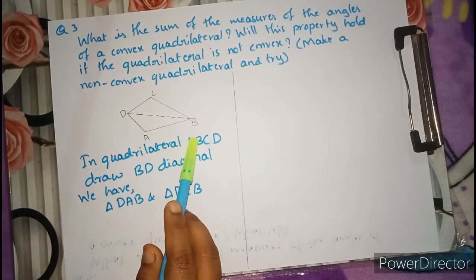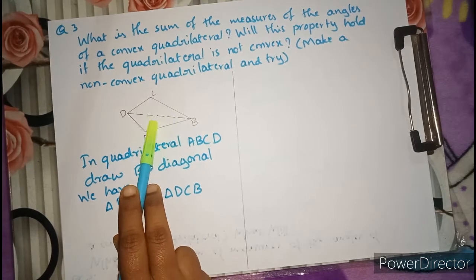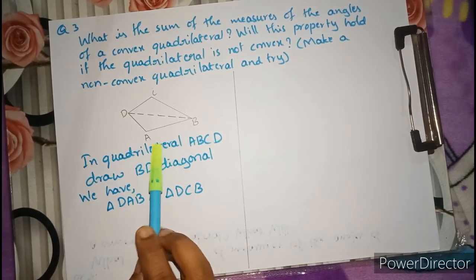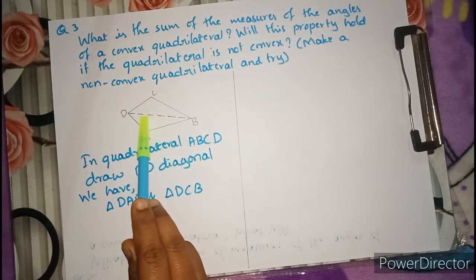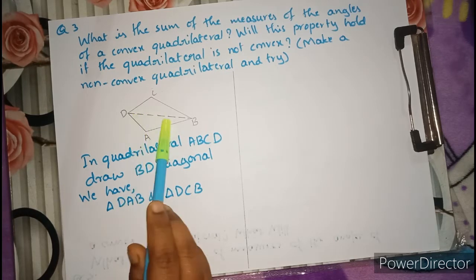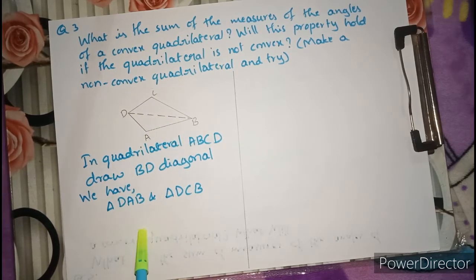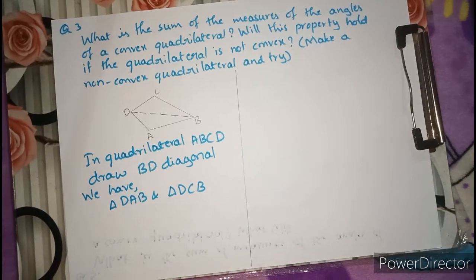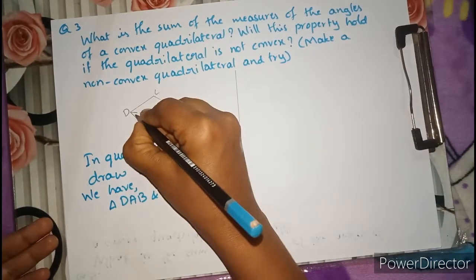In the 7th standard, you already learned the angle sum property of a triangle: the sum of angles of a triangle is 180 degrees.